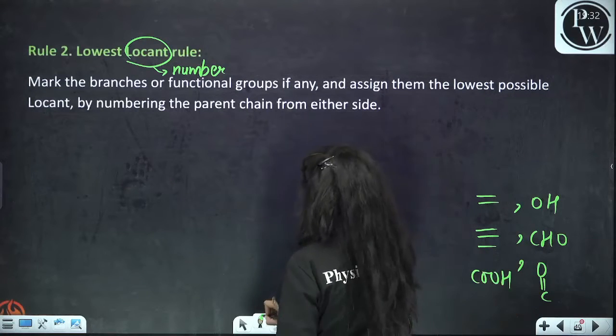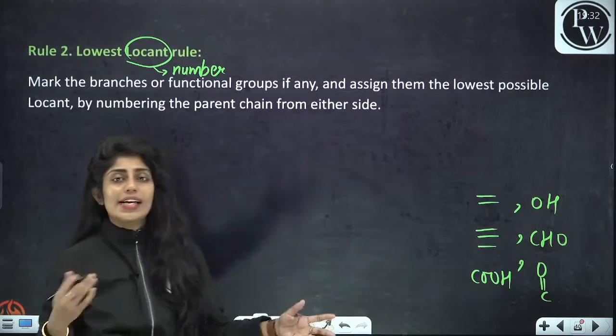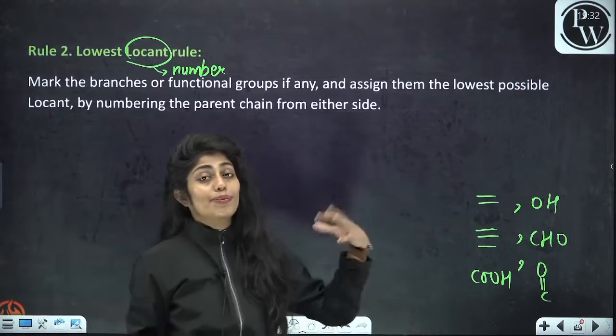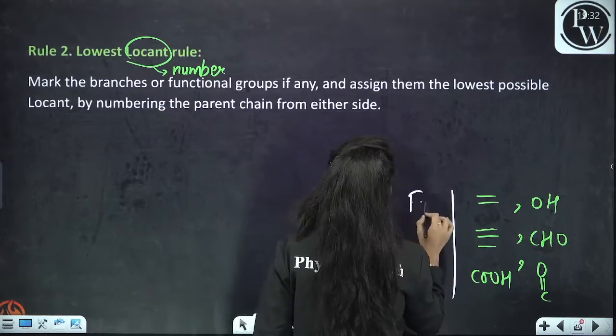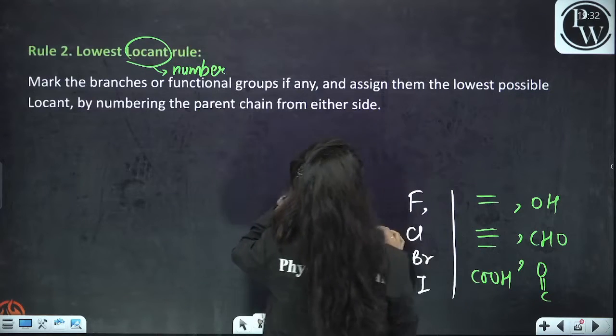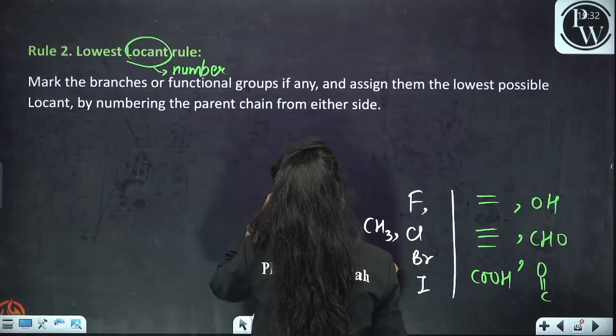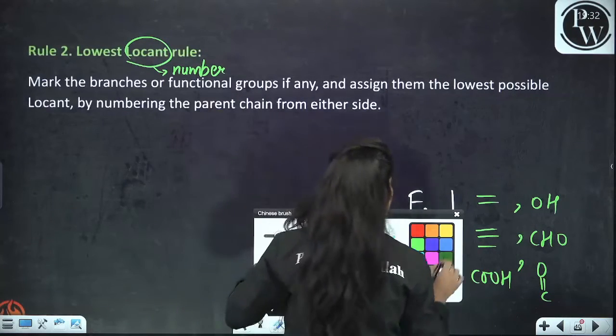Done? All these will be prioritized further more than prefixes, which are your fluoro, chloro, bromo and iodo, and your CH3, C2H5, etc. Done?